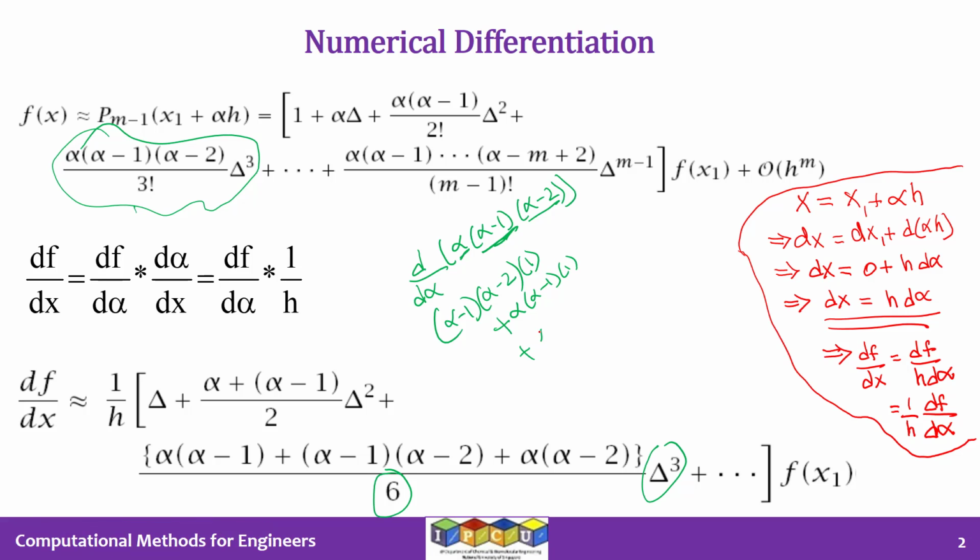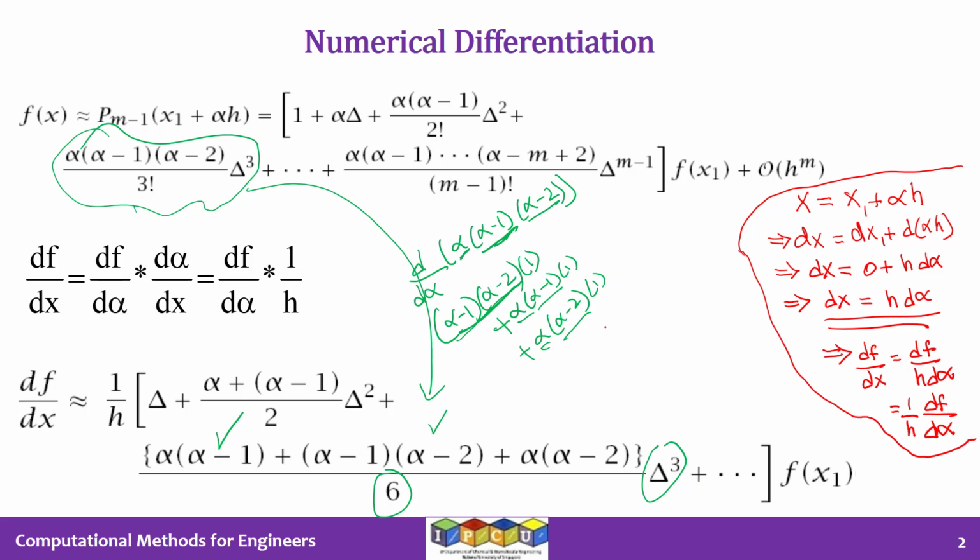And then I'm going to keep alpha and alpha minus 2 and differentiate alpha minus 1 with respect to alpha, which will also give me 1. So it is going to be alpha into alpha minus 1 plus alpha minus 1 into alpha minus 2 plus alpha into alpha minus 2. That is what you're going to get from this term.